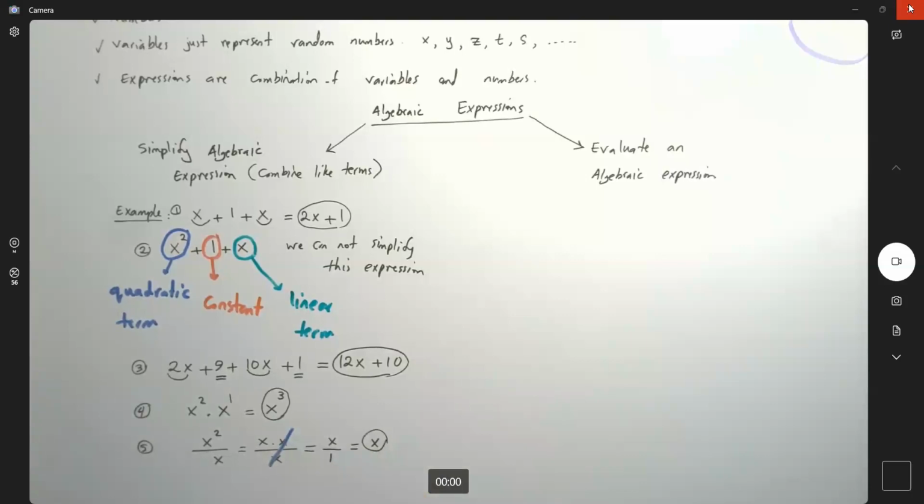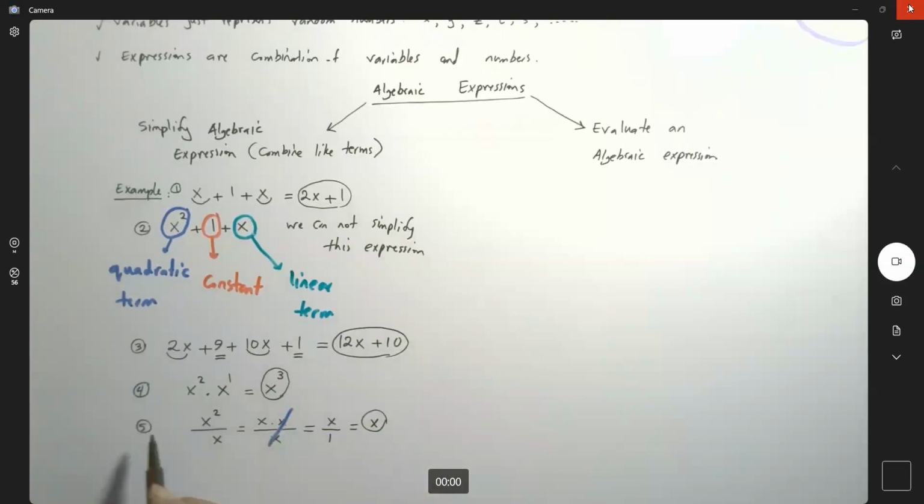What if my x squared is in the denominator? If you have a situation like this, number 6, x divided by x squared, this is x over x times x. You are allowed to cancel out the common factor, and you're left with 1 divided by x.